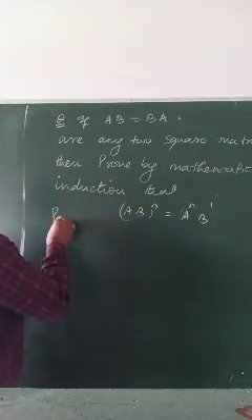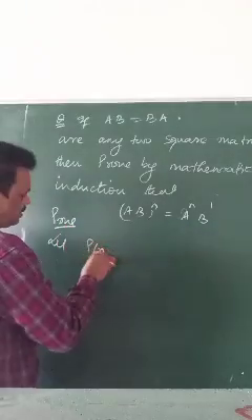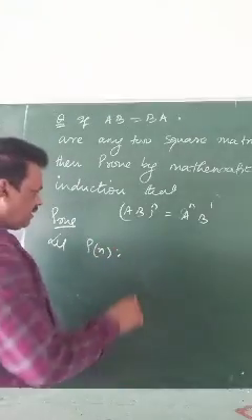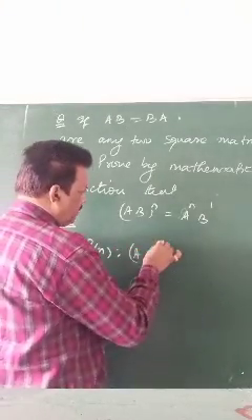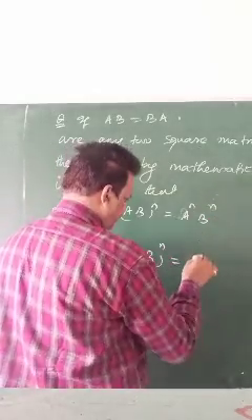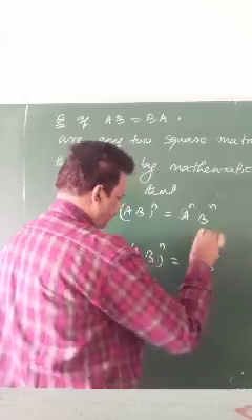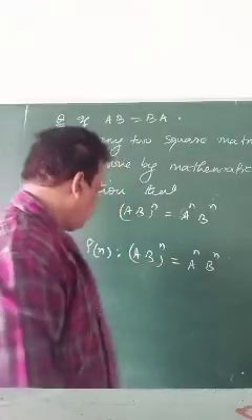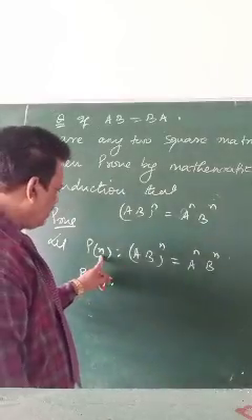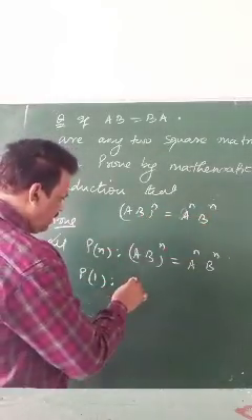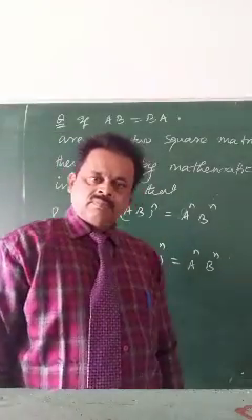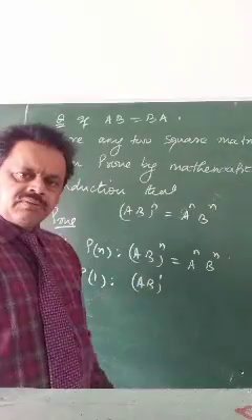Let P(n) be the statement, following the 3 steps of mathematical induction: (AB)^n equals A^n B^n. Then you have to prove P(1) is true. That means you put n equals 1. Then you get (AB)^1, which means power 1, not transpose.